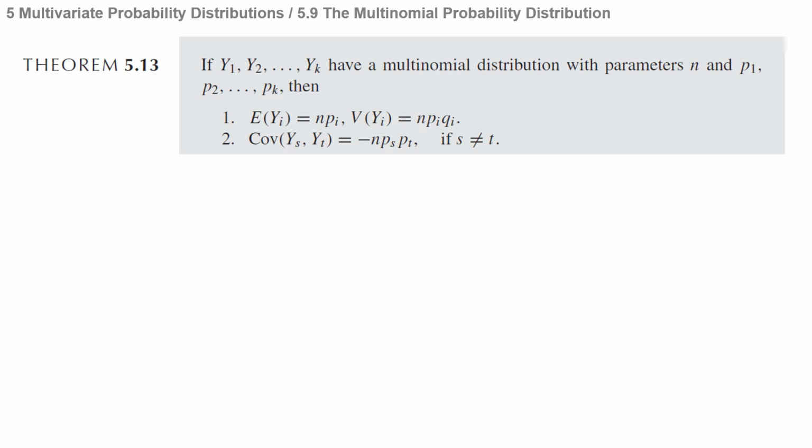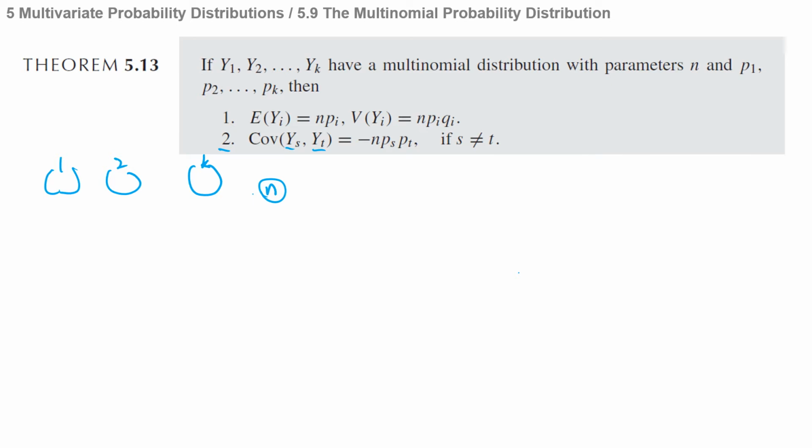Okay, and then how can we show number 2, the covariance of Ys and Yt? Actually, Ys and Yt are sums of independent Bernoulli trials. So let's think about the situation again. The first cell, second cell, kth cell, and we are picking n items.